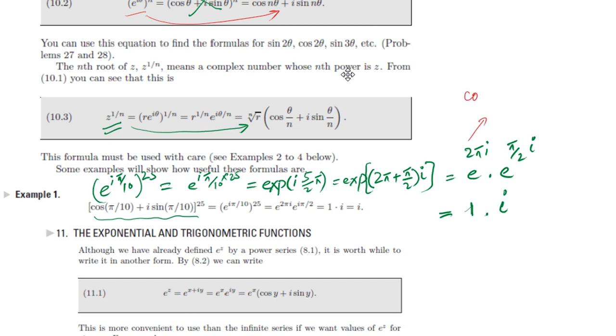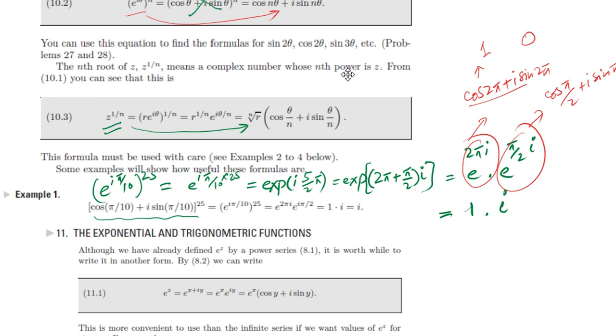Cos of 2 pi plus iota sine of 2 pi, this thing, and this thing again, including exponential, sorry. So that would be cosine of pi over 2 plus iota sine of pi over 2, and this thing is 1, and this thing is 0, and this thing is 0, and this thing is 1.